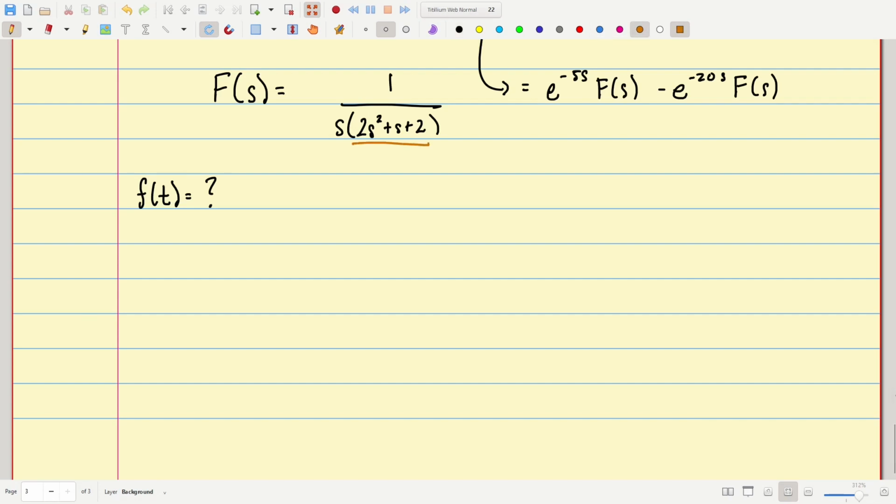Looking at this expression, is that quadratic reducible? Does it factor? Do we know? It doesn't look like it, right? So, because it doesn't factor, we're going to have to deal with it.